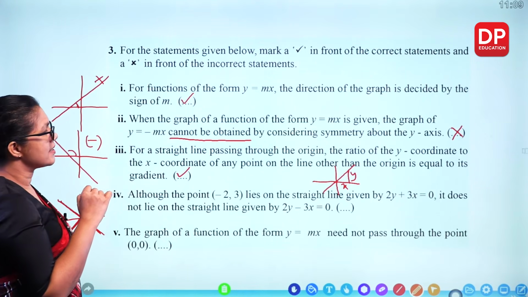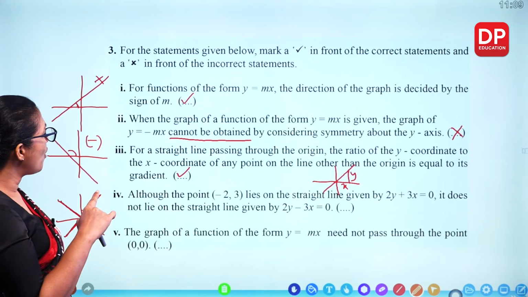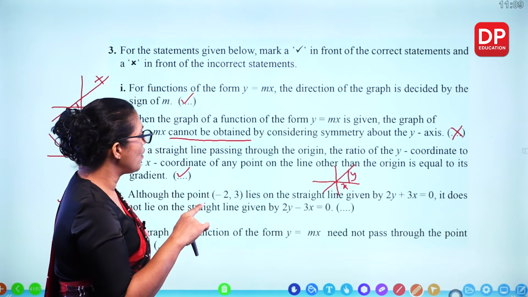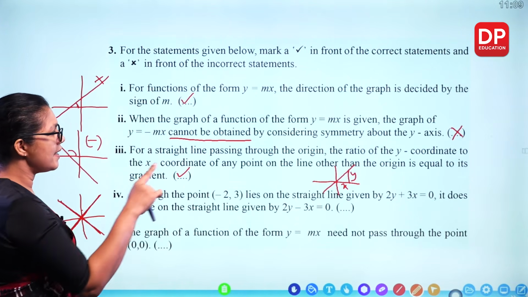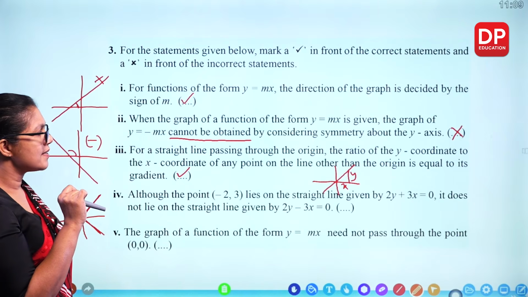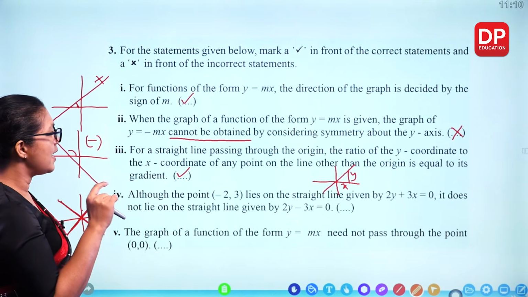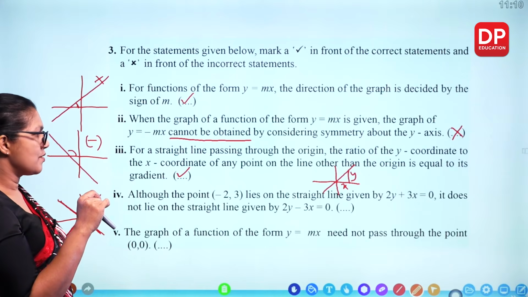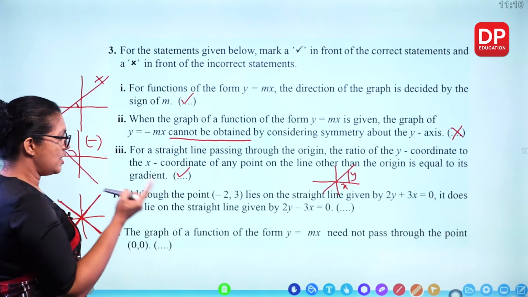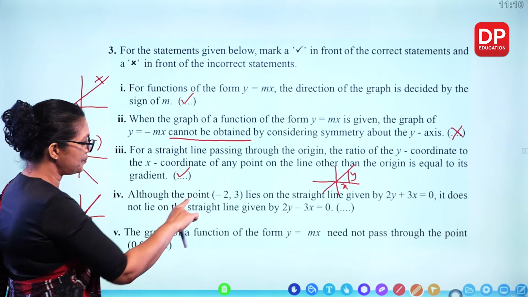That's correct. Although the point (-2, 3) lies on the straight line given by 2y plus 3x equals 0, it does not lie on the straight line given by 2y minus 3x equals 0. So we need to substitute and see.